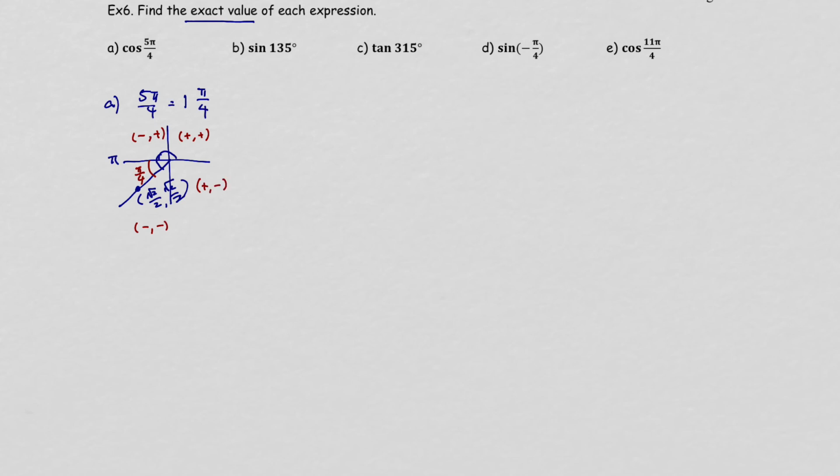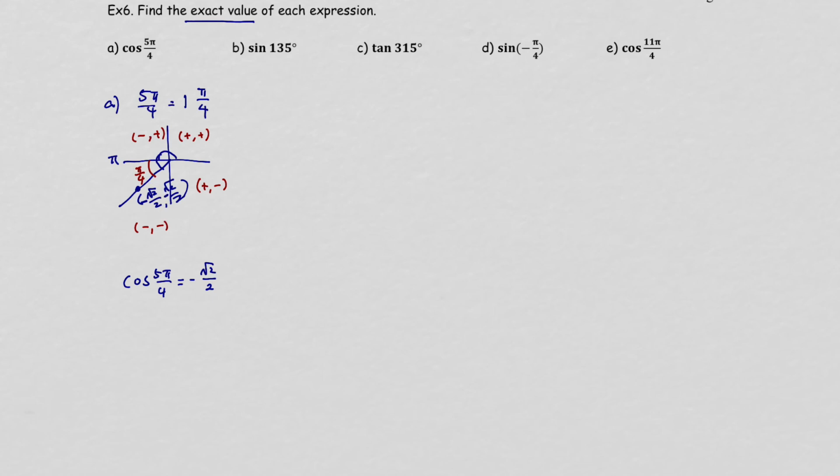Because this value is in the third quadrant, both values will be negative. And since we're looking for cosine 5 pi over 4, cosine is going to be your x value, so it will be negative square root of 2 over 2, this x value.